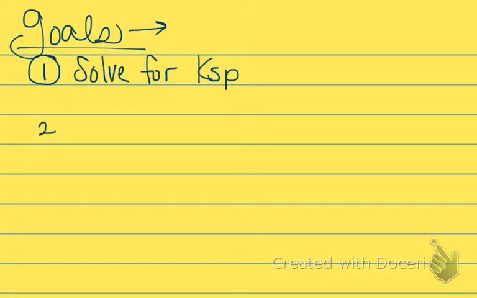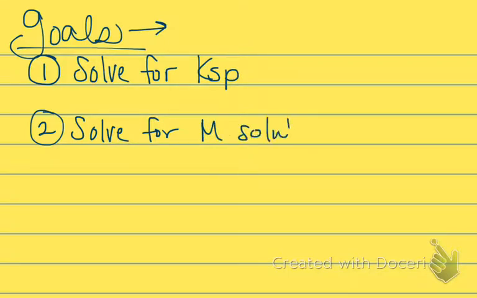And we're also going to look at, if you have a Ksp value given to you, can you figure out the concentration of the respective ions in a solution? So, can you solve for molar solubility when you are given Ksp?